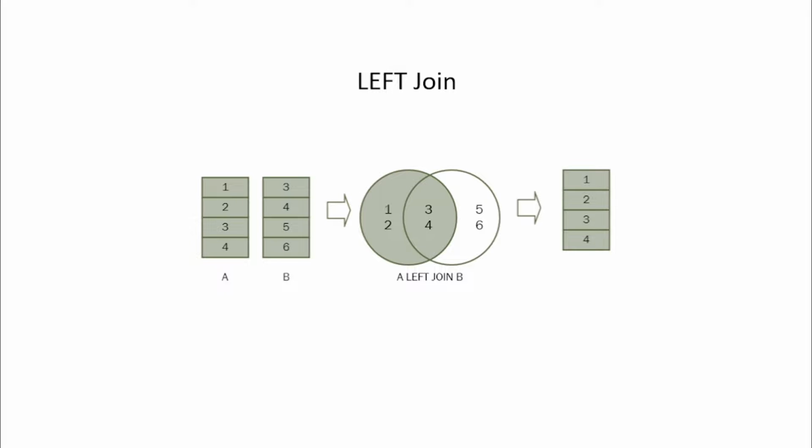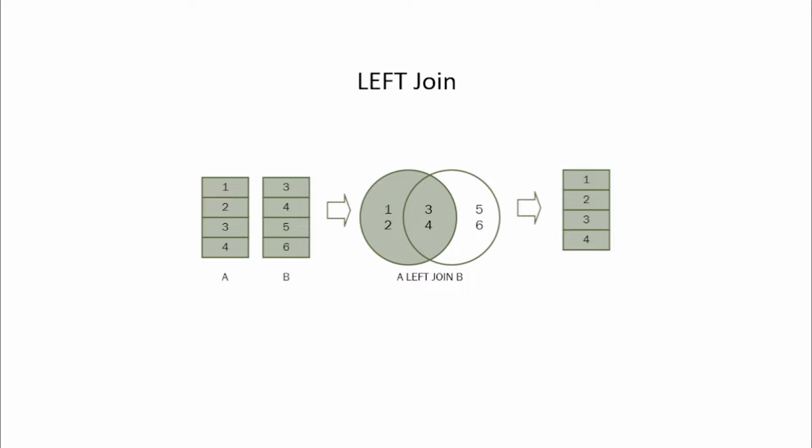For example, if we have two tables A and B, where A has 1, 2, 3, and 4, and B has 3, 4, 5, and 6, then if we do A left join B, we will get all the values that are present in A, and also those values which are common to both A and B. Therefore we are getting an output of 1, 2, 3, 4 after we do A left join B.